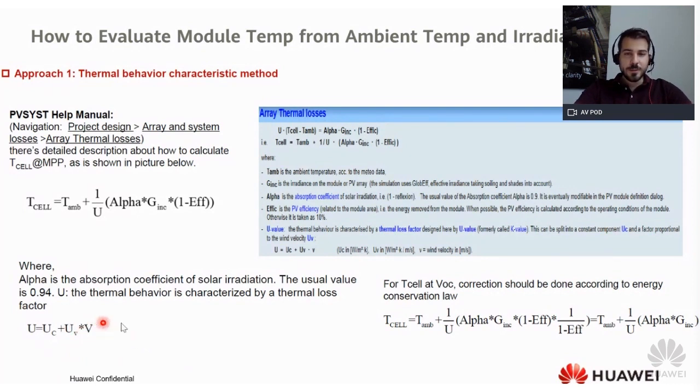So using these values and putting them into this equation, and also using the conservation law for open circuit voltage, we are left with this equation. Okay, so this is the equation that we will use.